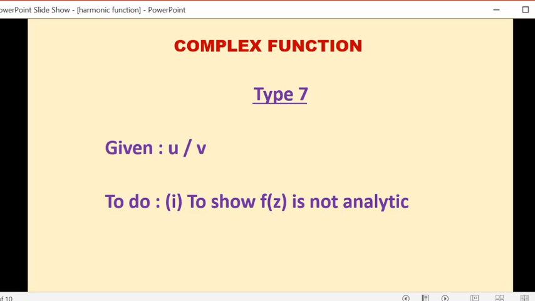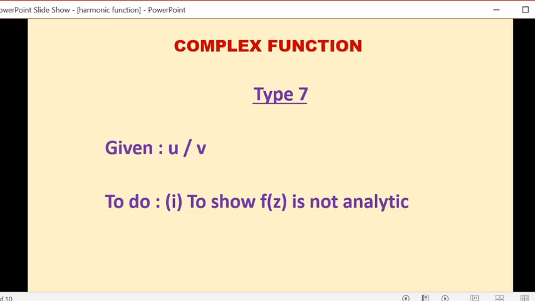Okay, but suppose if you have to show that f of z is not analytic, तो उसके दो तरीके हैं. It depends on what is given to us in the question. अगर आपको क्वेश्चन में f of z का रियल पार्ट u पता है और इमेजिनरी पार्ट v भी पता है, you know v, in that case we'll check for Cauchy-Riemann equations.